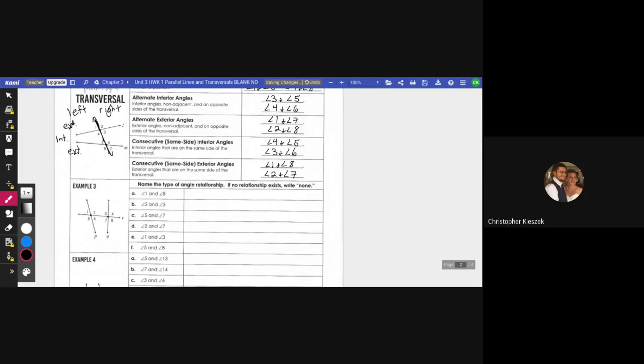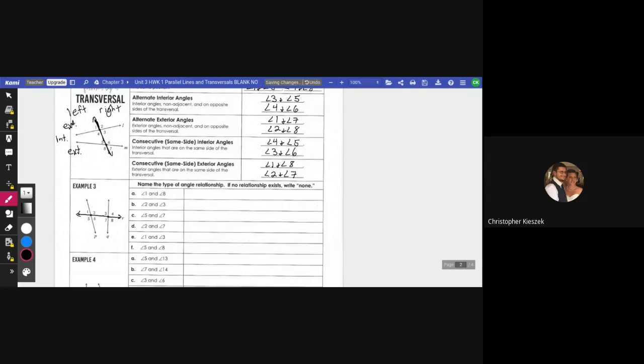So based on this, let's look at both examples to see how to utilize this. Example 3 would be a basic one, kind of like what we just did on top. In this example, which line is my transversal? You'd be correct in saying that it is line R here.